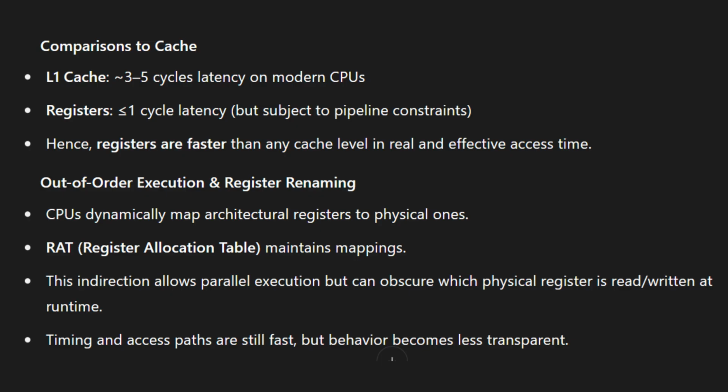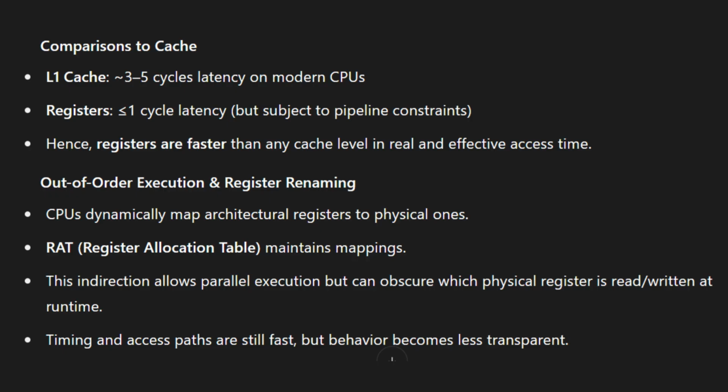For out-of-order execution and register renaming, CPUs dynamically map architectural registers to physical ones. The RAT, Register Allocation Table, maintains the mappings. And this indirection allows parallel execution, but can obscure which physical register is read or written at runtime.